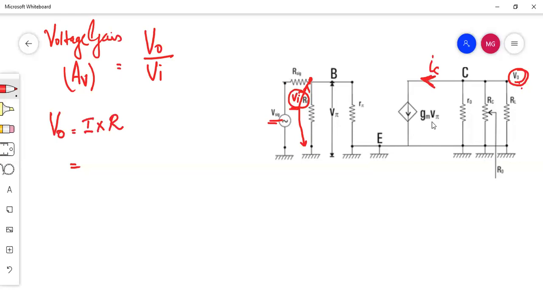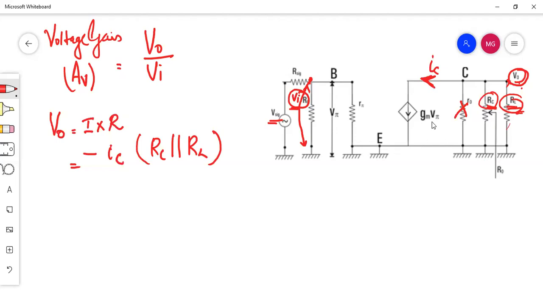We are taking the current across this RL, but the current is going away from it, so we need a negative sign. What is the resistance there? This resistance doesn't need to be considered. So we have RC and RL. Output voltage is the voltage across this point, so we can consider these two resistances in parallel. So I can say this is RC parallel RL.